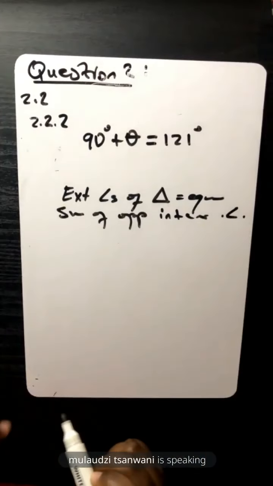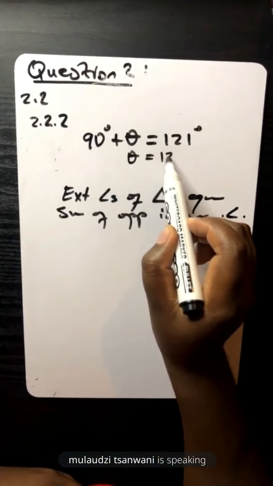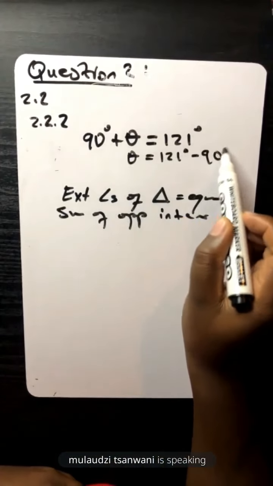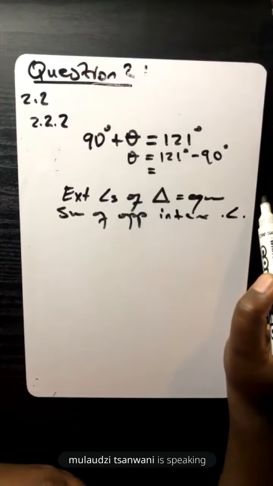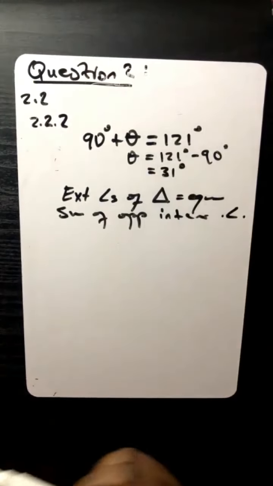Then I'm going to say theta equals 121 minus 90, which is 31 degrees.